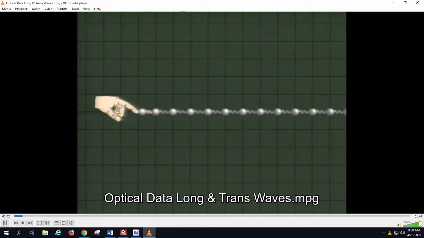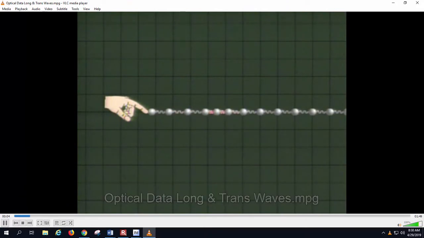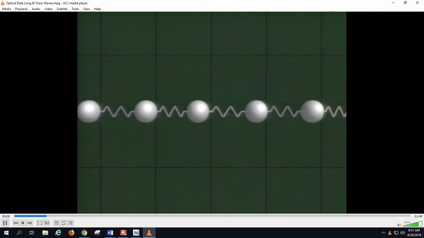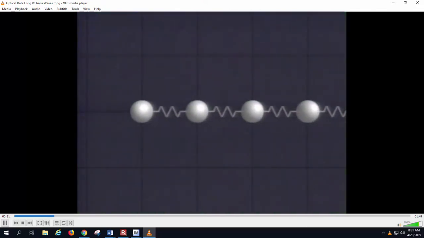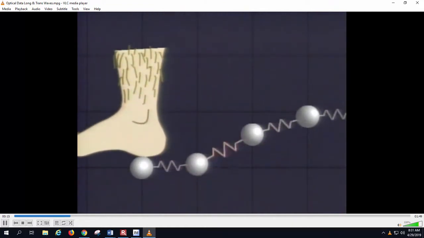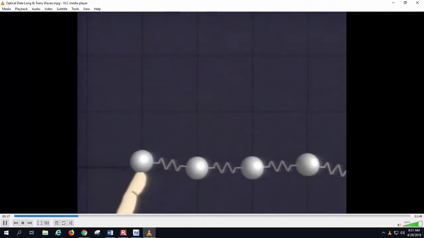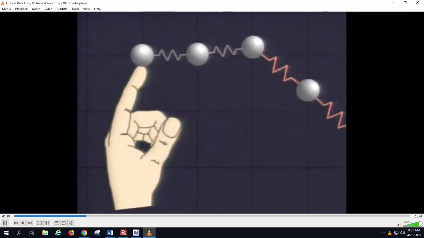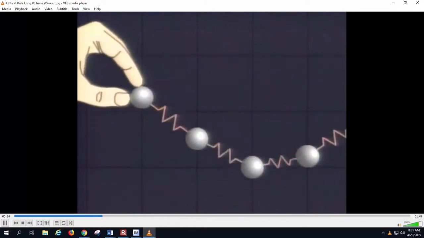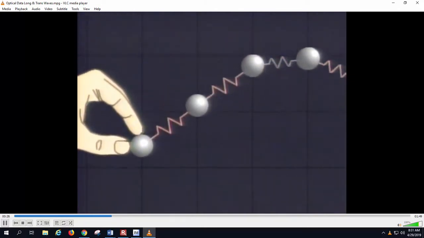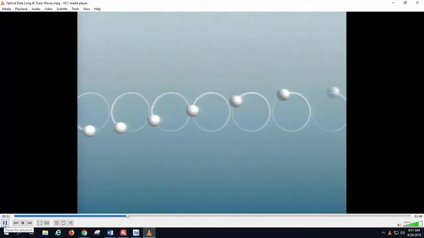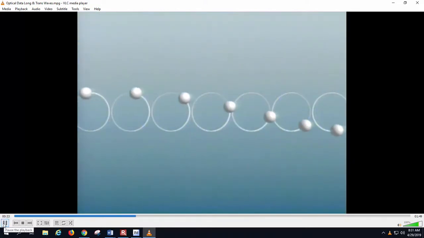These are called longitudinal waves. And they can also be made by waves. These are called transverse waves. Ocean waves are a combination of longitudinal and transverse wave motions.